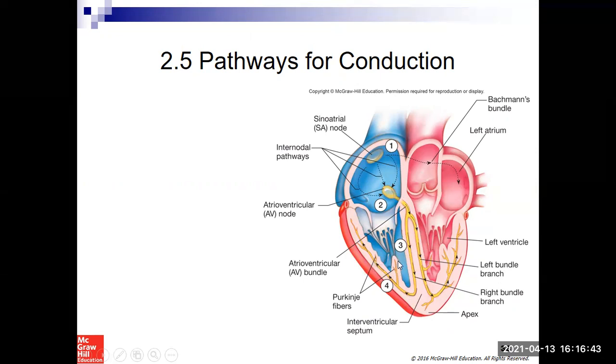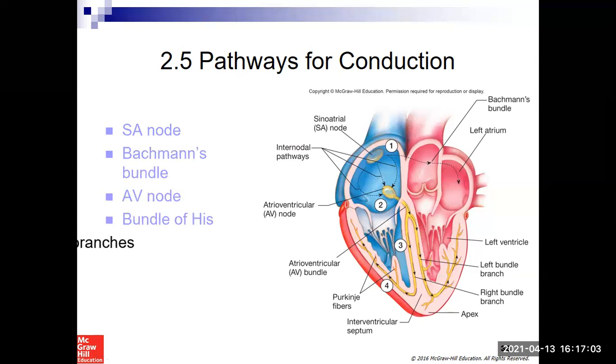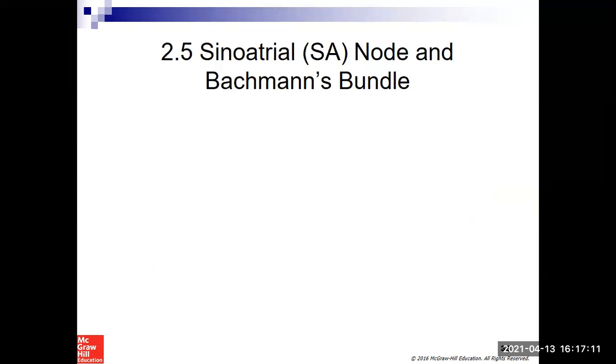Purkinje fibers are these little finger-like projections that come out. Purkinje fibers. And then you have the Bachmann's bundle up here. SA node, Bachmann's bundle, AV node, bundle of His, bundle branches, Purkinje fibers, and I discussed all those already.